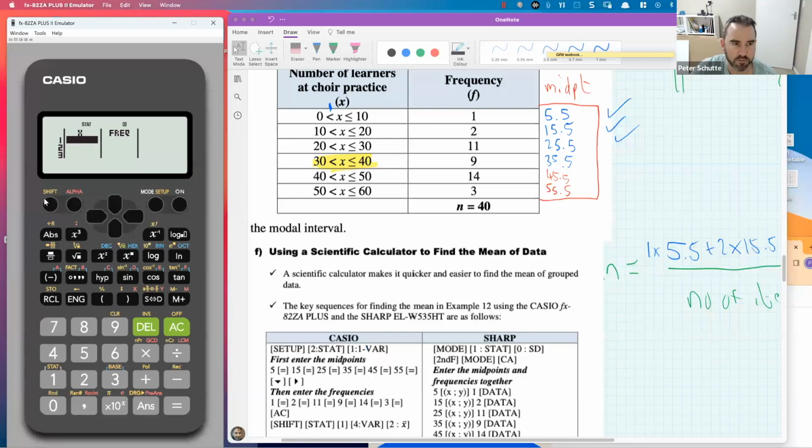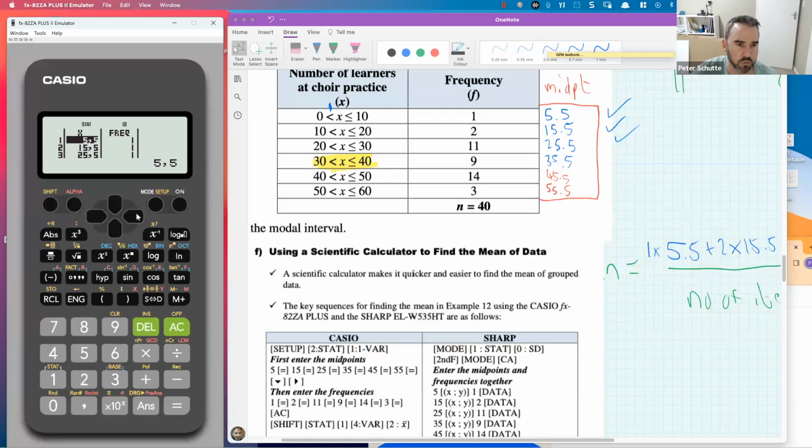All right, now for the values, you put the estimates of the midpoint. So we put 5.5 equals, 15.5 equals, 25.5 equals, 35.5 equals, 45.5 equals, 55.5 equals, but we haven't got our frequency right yet.